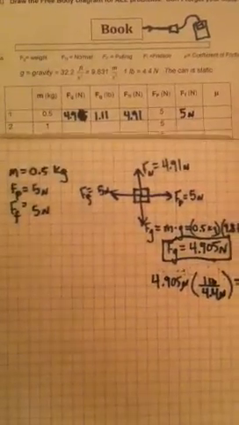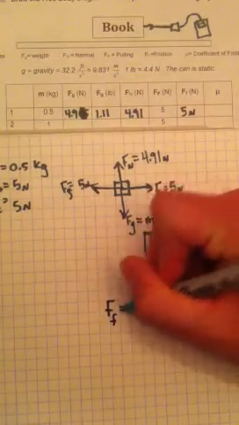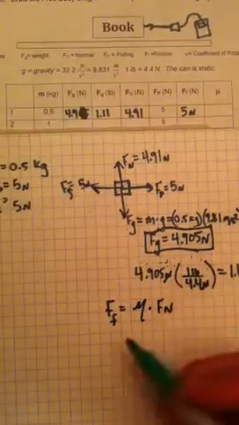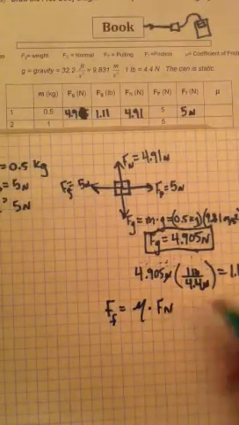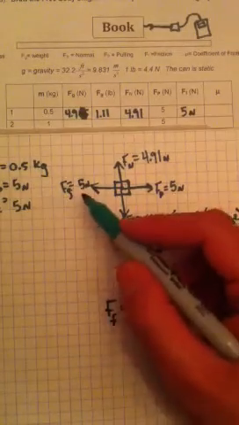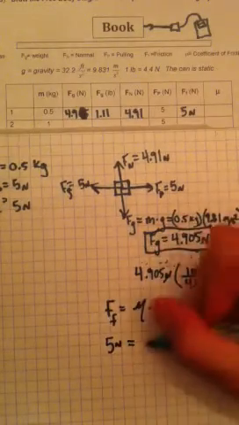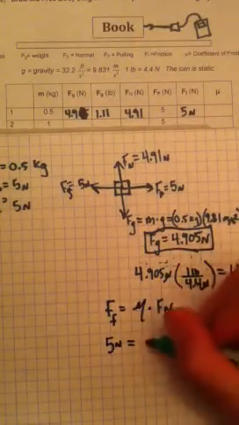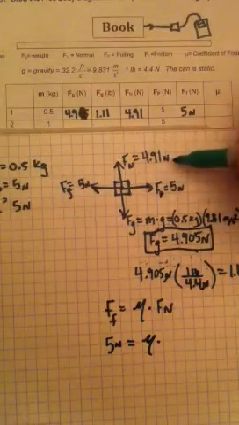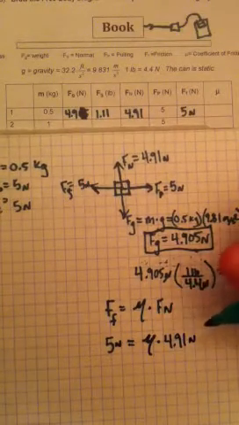So if I scooch my paper down here, to calculate that, the force of friction is mu times the normal force. There's our fun equation, F equals mu N. I'm going to plug in the things that I know. The force of friction, I look back up to my free body diagram, was 5 newtons. And that's equal to mu, which we don't know, that's our unknown right now, times our normal force. I look back to my free body diagram, and the normal force was 4.91 newtons.